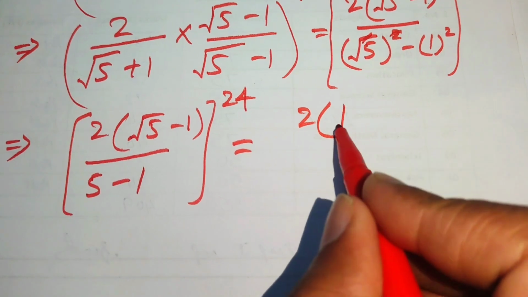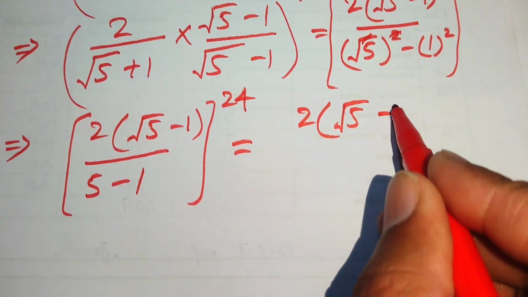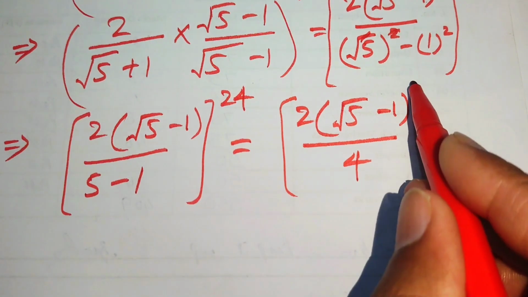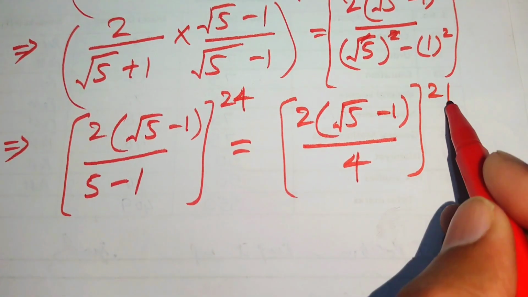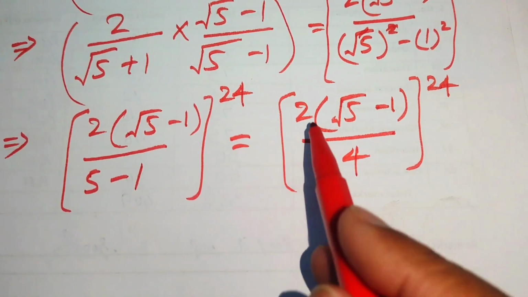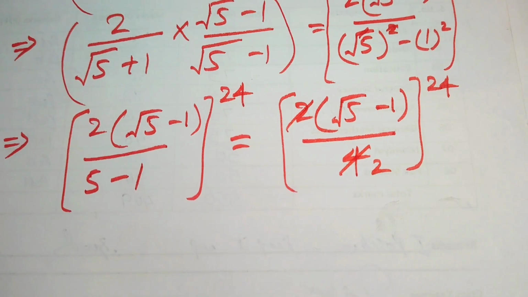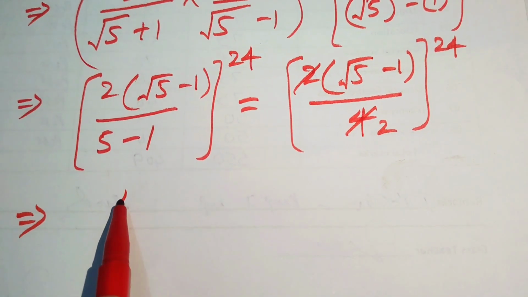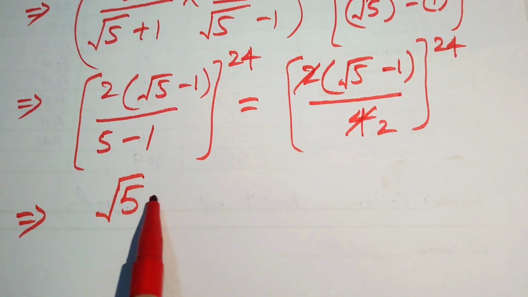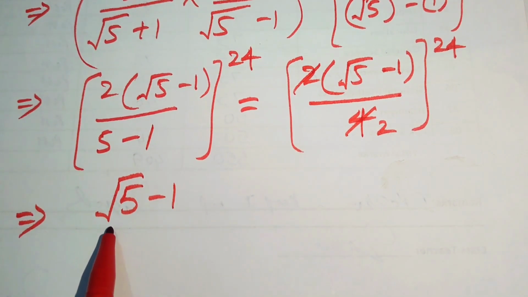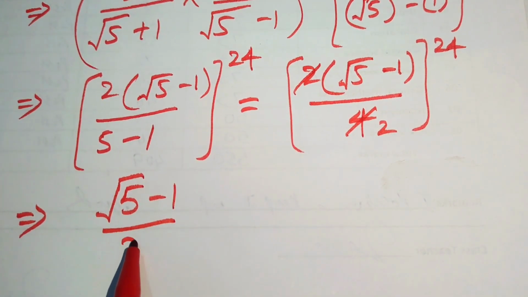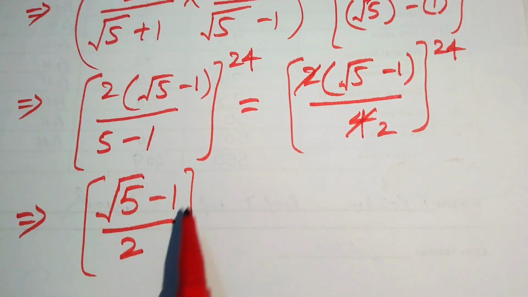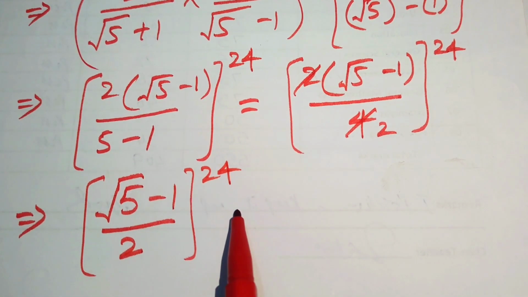We write it as 2 into square root of 5 minus 1, divided by 4, and its whole power is 24. So you see that 2 times 2 becomes 4, and it will be written as square root of 5 minus 1 divided by 2, and its whole exponent is 24.